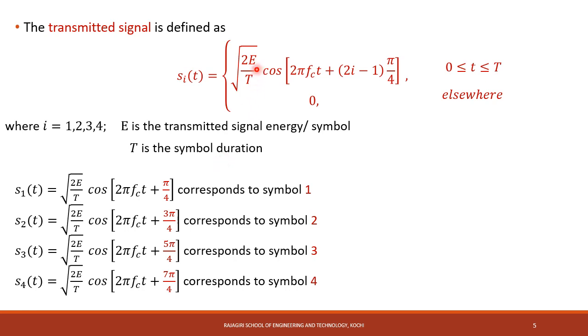E represents the transmitted signal energy per symbol. fc is the frequency of the carrier, and the phase of the carrier changes according to the symbol transmitted. So i takes values 1, 2, 3 and 4. Corresponding to the symbol transmitted, the phase of the carrier changes as pi by 4, 3 pi by 4, 5 pi by 4 and 7 pi by 4.